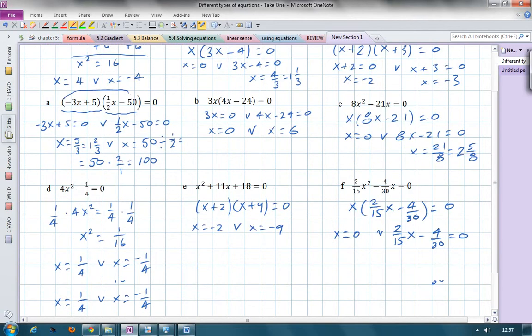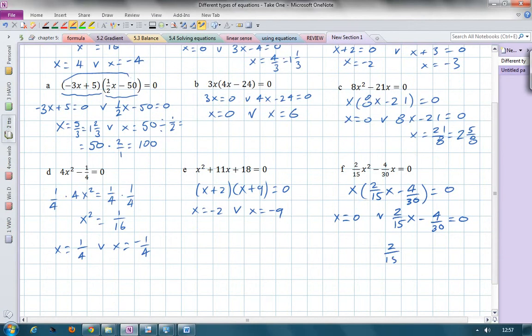I'm adding 4/30 to both sides, so I get 2/15 x is equal to 4/30 on the right. So now how do I get rid of this 2/15? Well, what I do is I multiply by 15, and at the same time I divide by 2. In other words, I multiply by the reciprocal of 2/15. The reciprocal of 2/15 is a fraction turned on its head, putting the 2 below, 15 above. I'm doing it on the left, therefore I must do it also on the right.